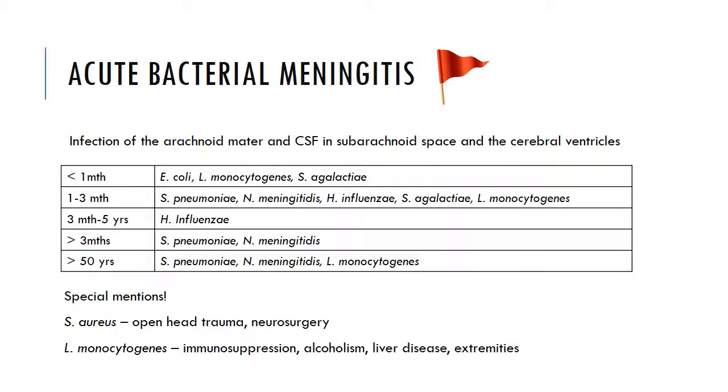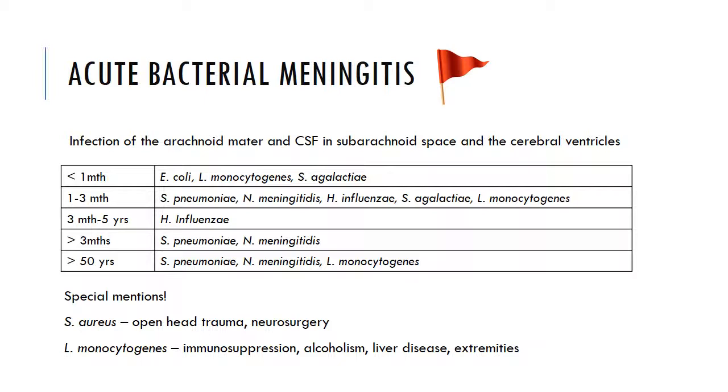In the age group 1 to 3 months, we have our classic 3 that we talk about. So Strep pneumoniae, Neisseria meningitidis, and Haemophilus influenzae. So that's sort of the top 3 causative microorganisms. And again, our group B strep, and then again Listeria.